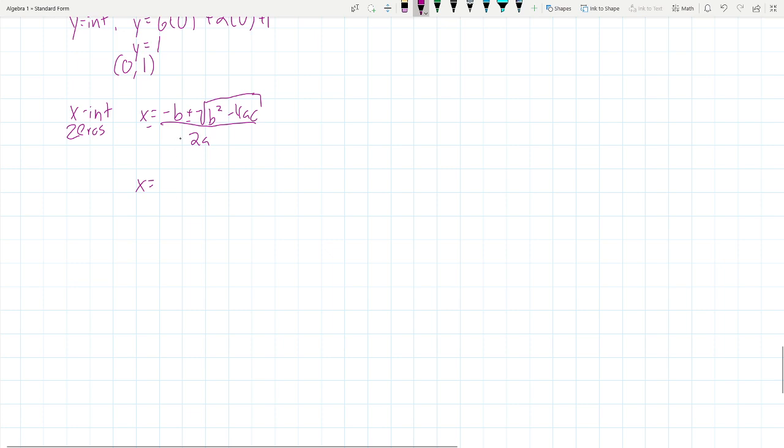So my x equals the opposite of b, which is 2, plus or minus the square root of 2 squared minus 4 times a, which is 6, times c, which is 1, all divided by 2 times 6.